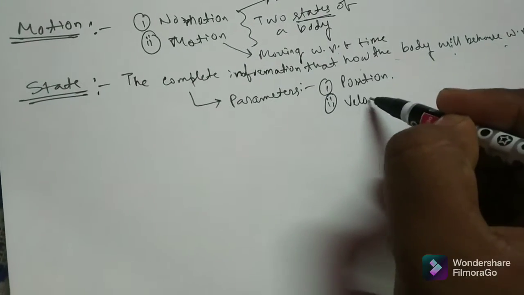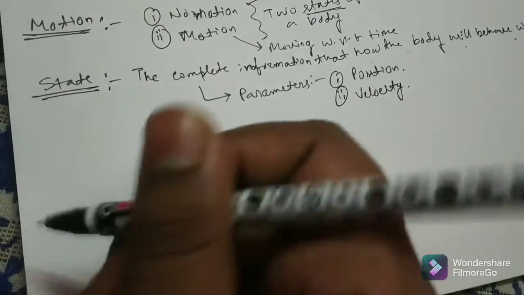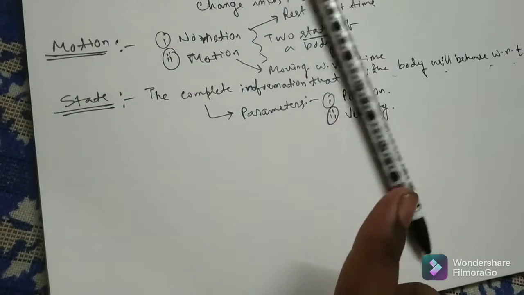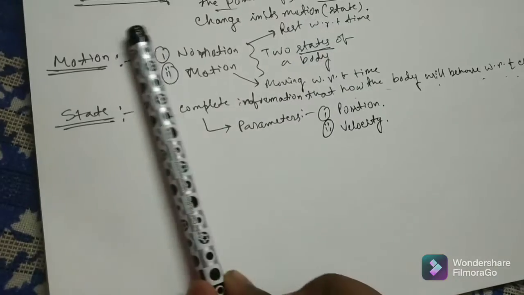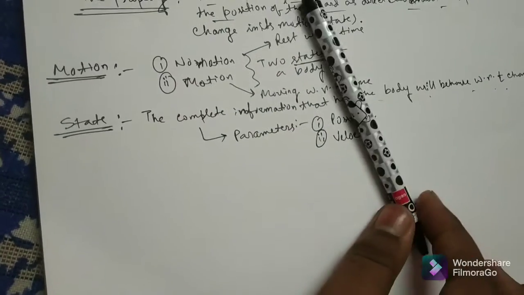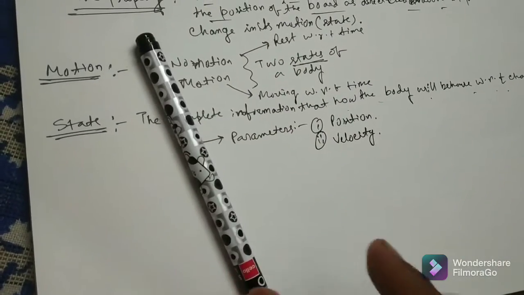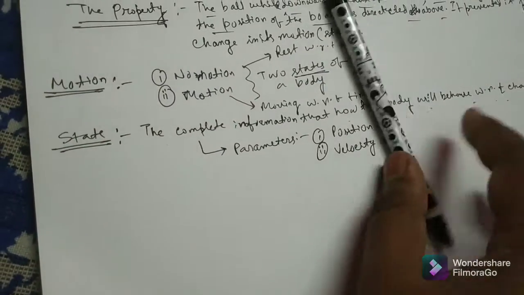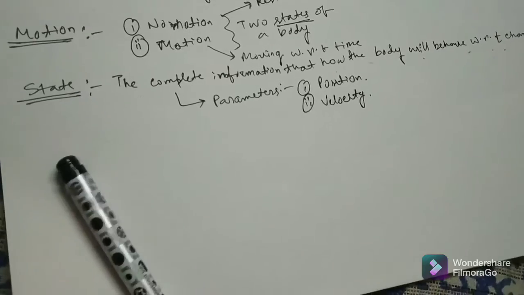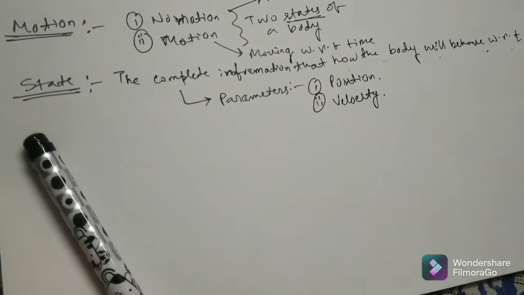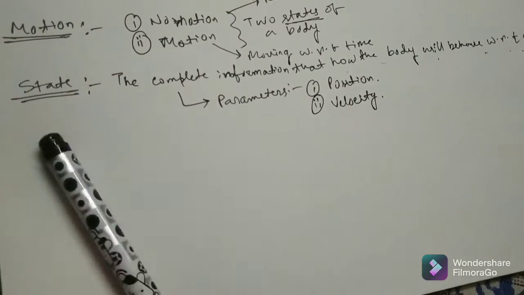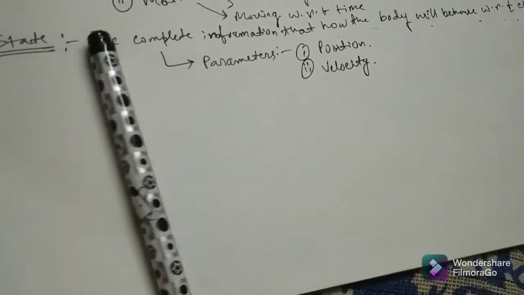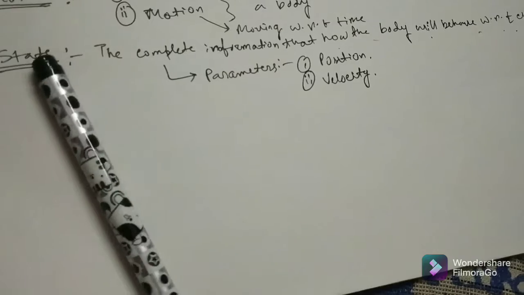Second is velocity. How velocity? This pen started moving in a particular direction, and it takes some time to move in this direction. Now if we observe the particle, or here this pen, over that time, we can say how this object is behaving.